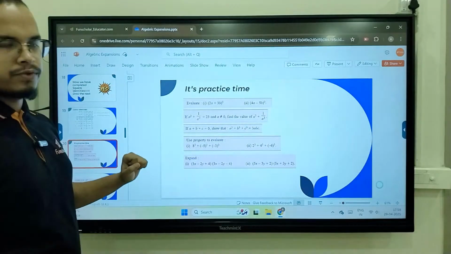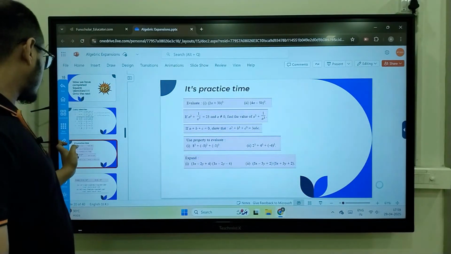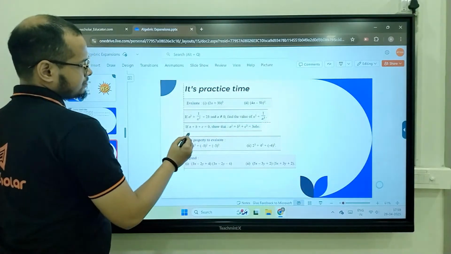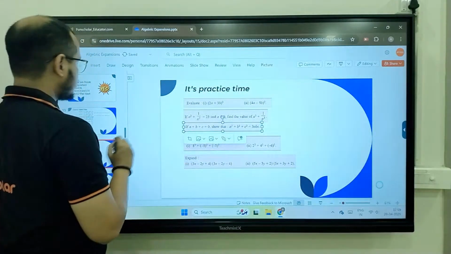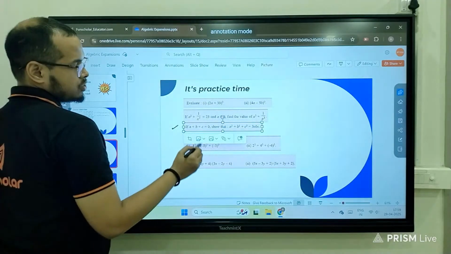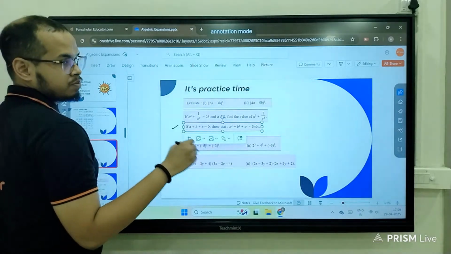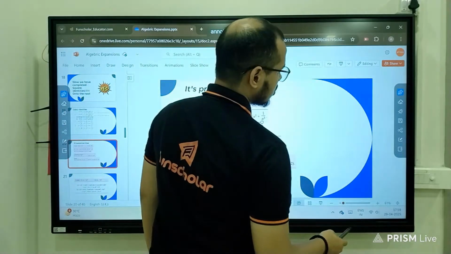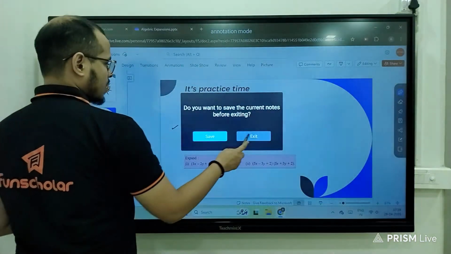Now we have a proof. What is that proof? It is shown here: a plus b plus c is equal to 0. Show that a cube plus b cube plus c cube is equal to 3abc. Let us take a fresh page to do this sum, a white page.